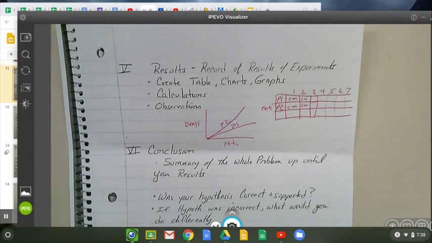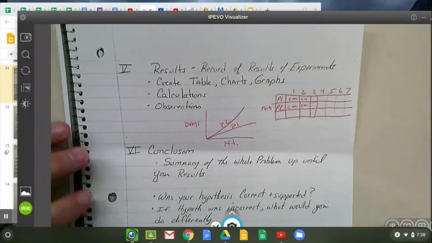After a week of testing, I found that the plant with the fertilizer did grow in excess of 8 centimeters compared to plant one. So, based on my results, I can conclude that this particular brand of fertilizer does work. And that's how you would end your whole lab.